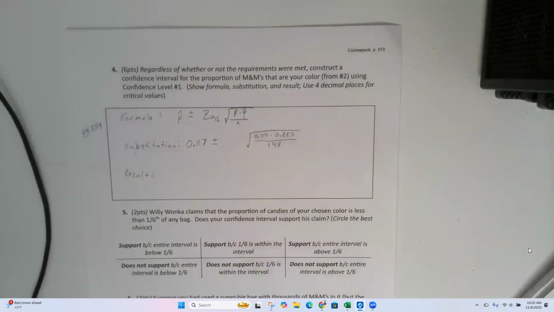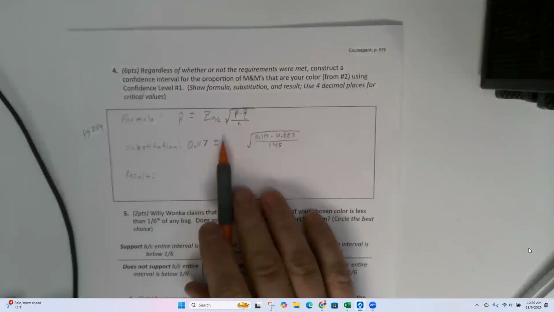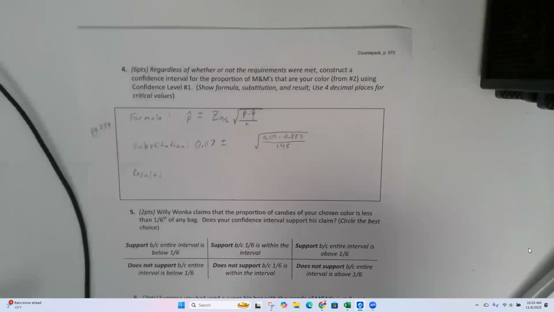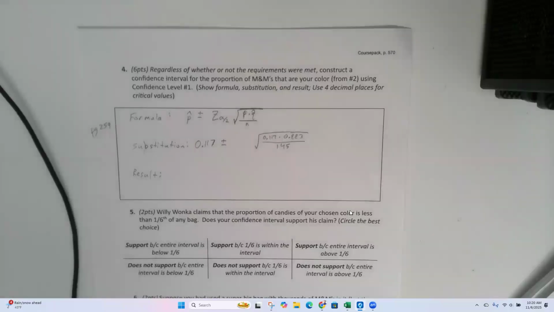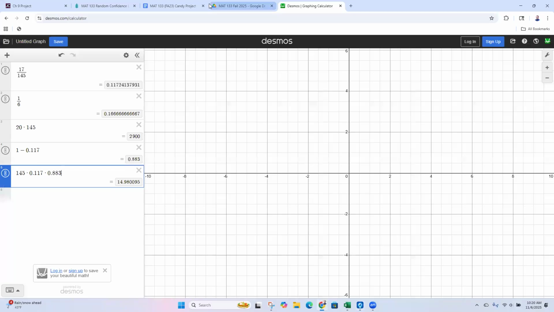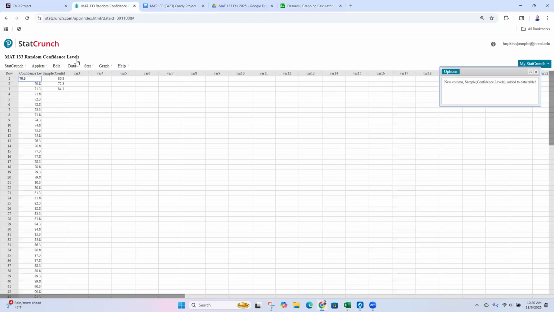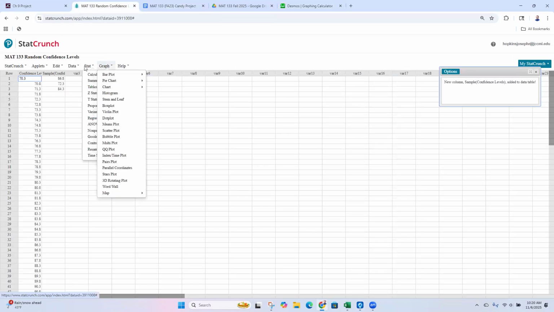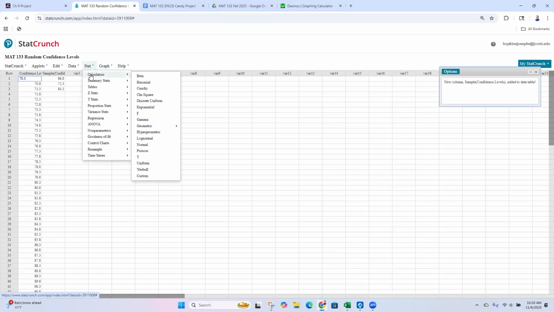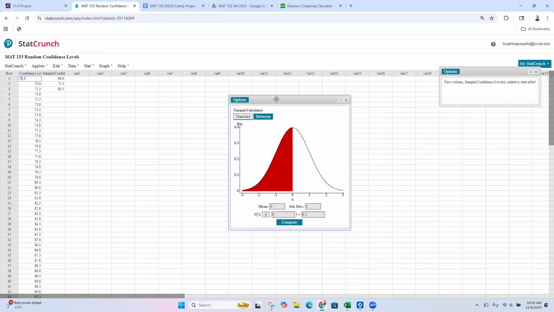All right, so my z alpha 2, I'm going to need to get from StatCrunch. So to get my z alpha 2, I'm going to go to Stat, Calculators, Normal. Am I doing standard or between for this?